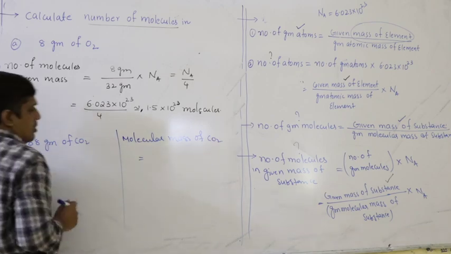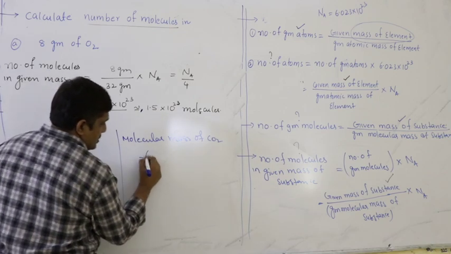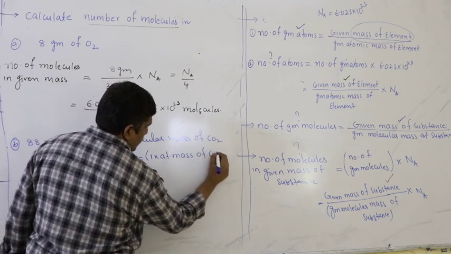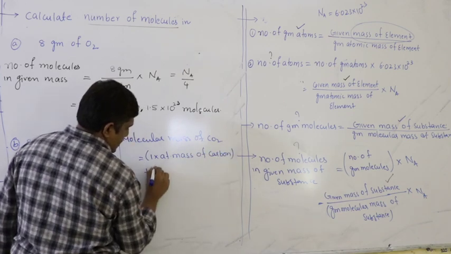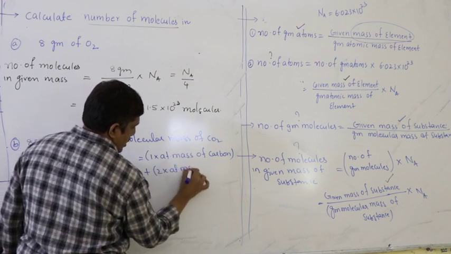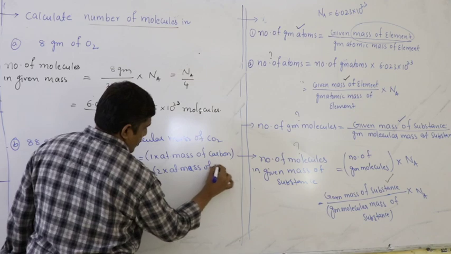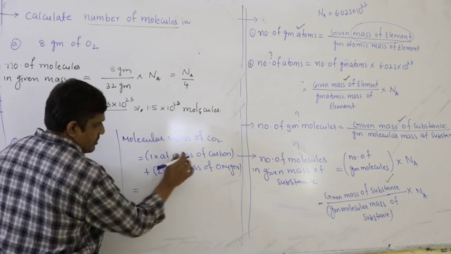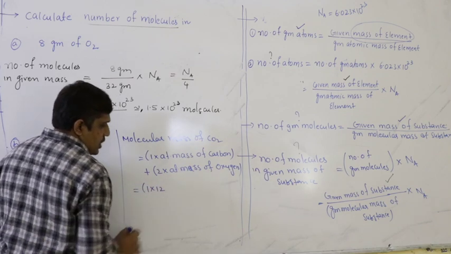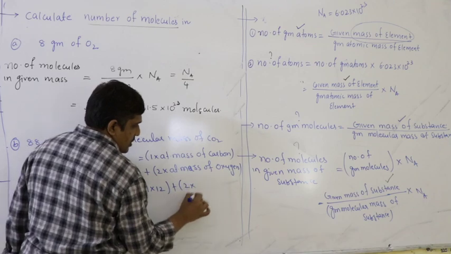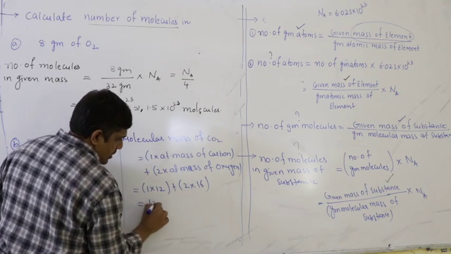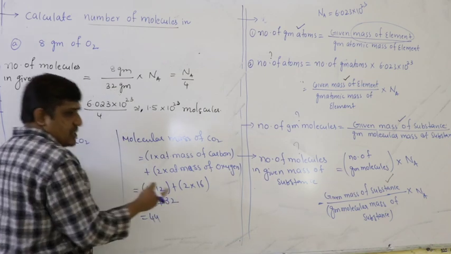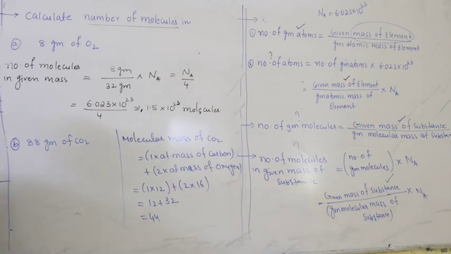So this is 1 into atomic mass of carbon plus 2 into atomic mass of oxygen. 1 into atomic mass of carbon is 12 AMU plus 2 into atomic mass of oxygen 16. So 12 plus 32 we will get 44 AMU. If you express in grams, it becomes gram molecular mass.